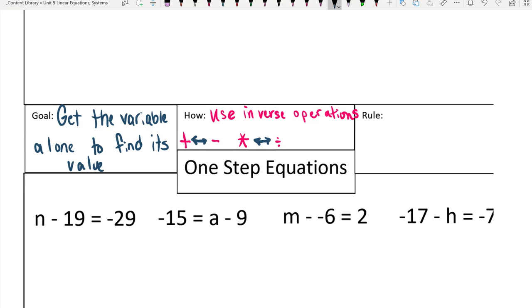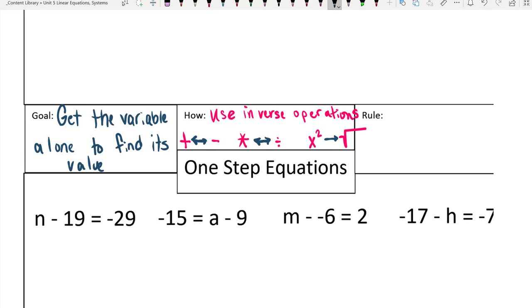is multiply. We've also talked about this year, if I have an unknown number that is being squared, to find the value of that number, to undo the squaring operation, we use the square root.